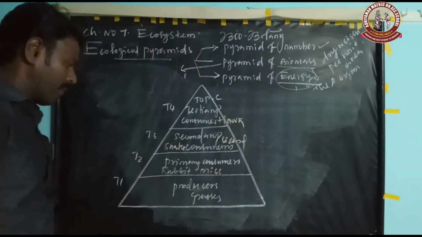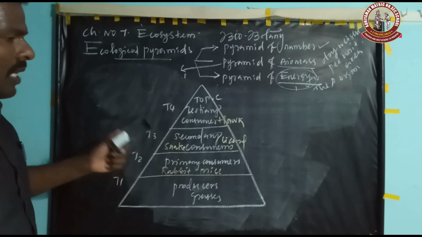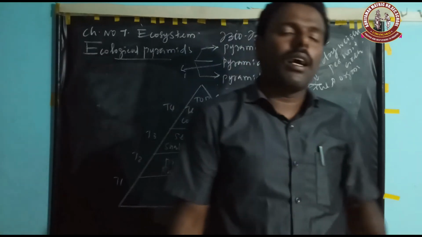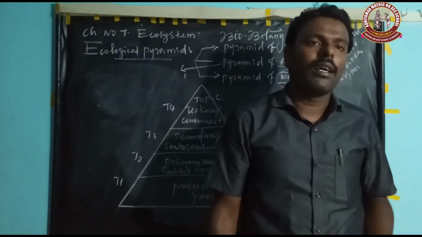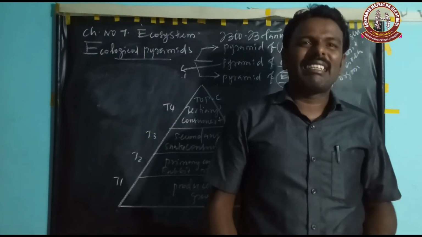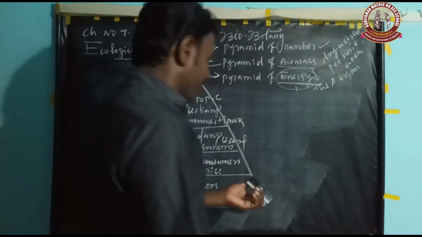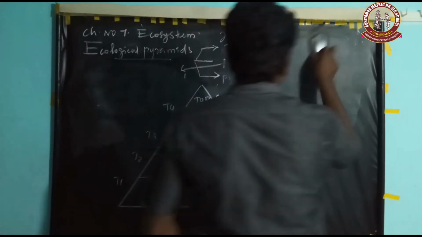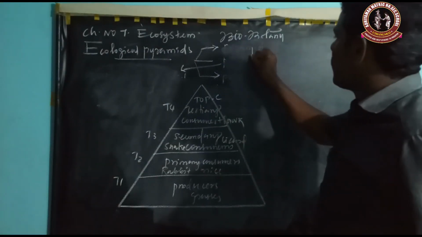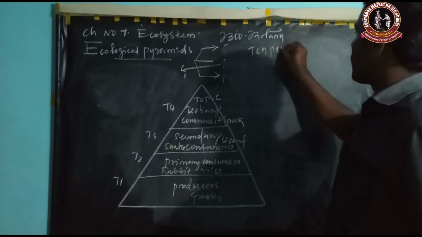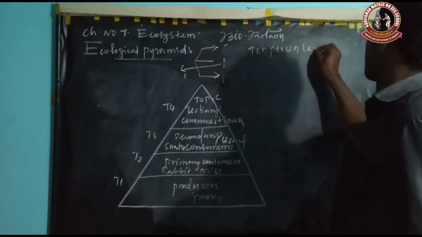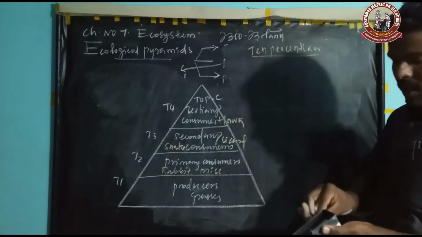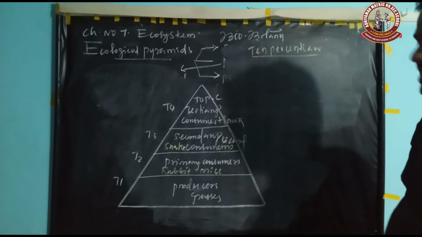You see, based on the effects, the transfer of food energy from each trophic level decreases. Already we learned about the 10% law. So what is the 10% law? Who introduced this?